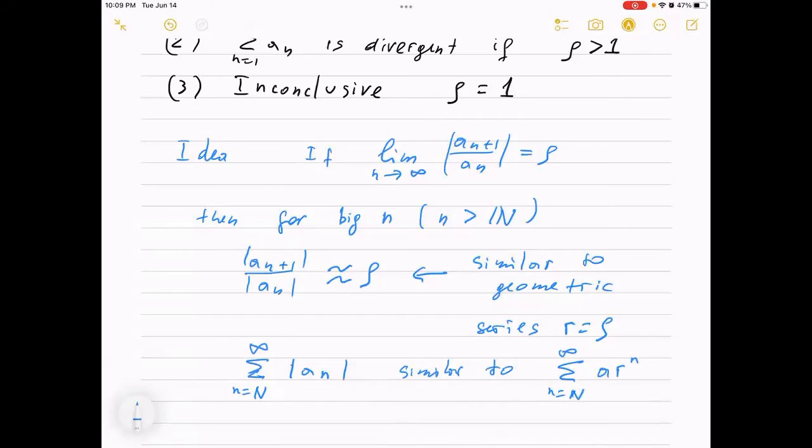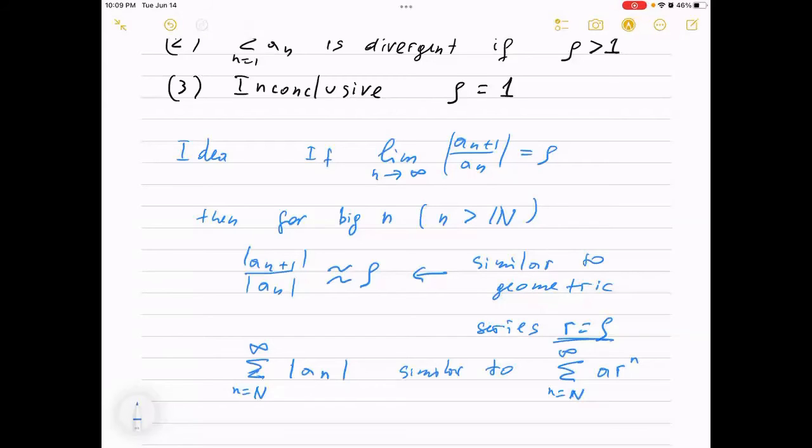So it's going to be similar to a geometric series if r equals rho, and you remember the conclusion about geometric series. If r is bigger than 1, then it's divergent. If r is between 0 and 1, it's going to be convergent, and that's exactly what is going on here.